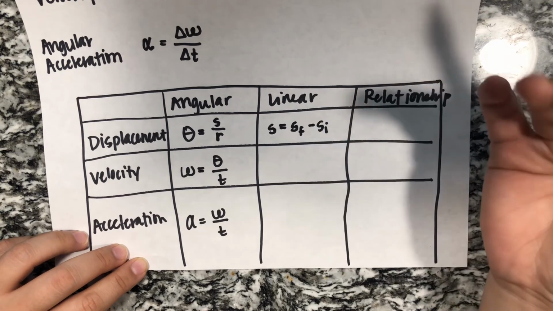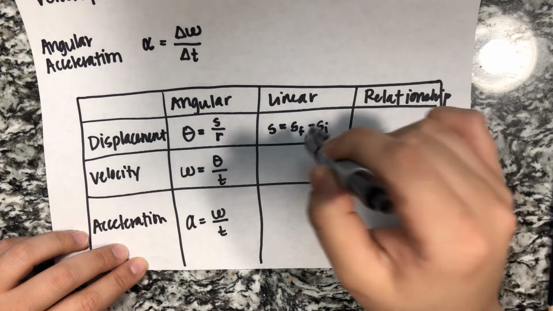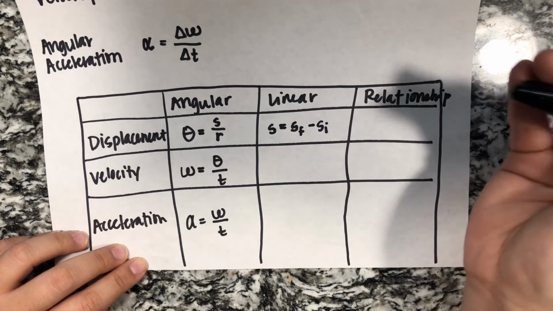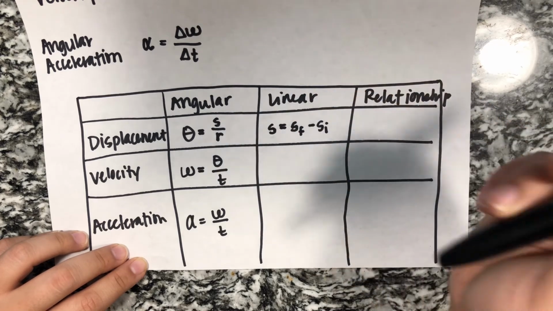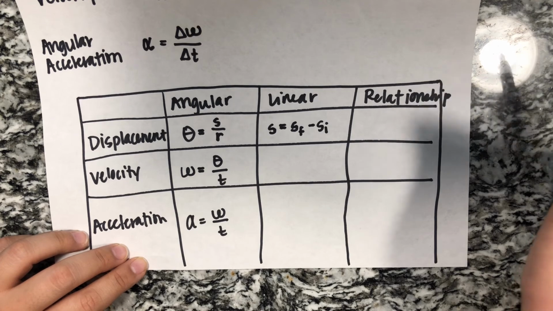In kinematics, we used X's, which are still the same thing. For this situation, we're only going to be using S because we're working with arc length, and arc length is denoted as S, but you can think of it as the same thing as using delta X.